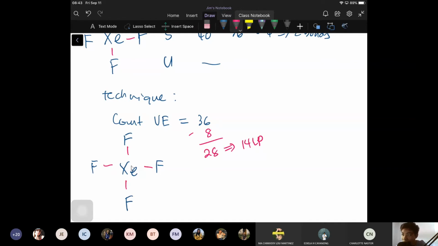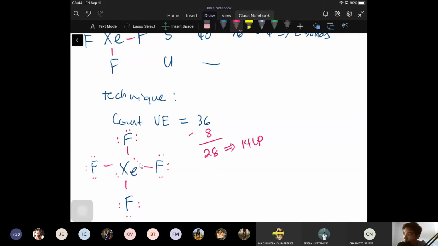If there is any excess, it goes to the central atom. Fluorine has three lone pairs when it has one bond. So 1, 2, 3, 4, 5, 6, 7, 8, 9, 10, 11, 12. I have two left over, so to the central atom: 13, 14.